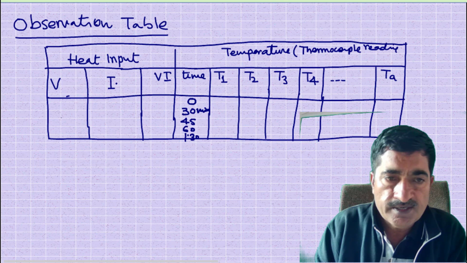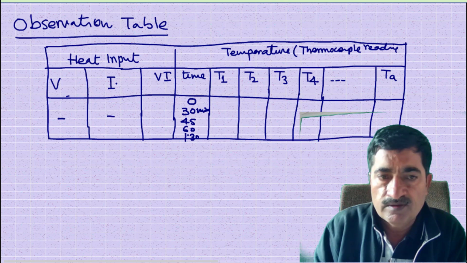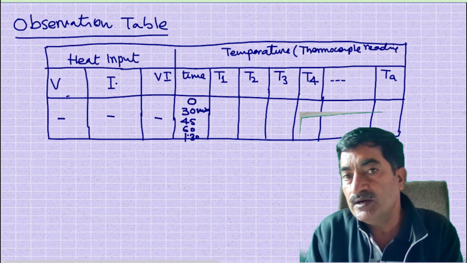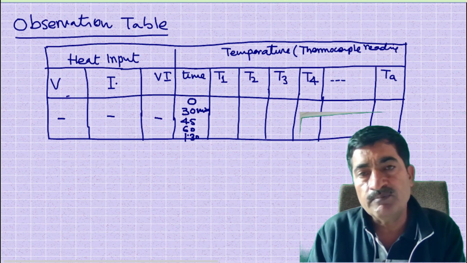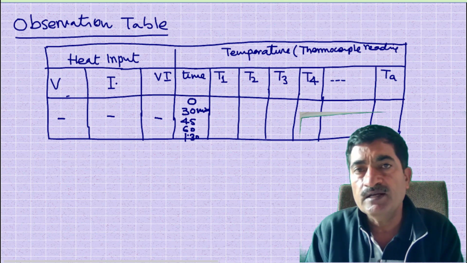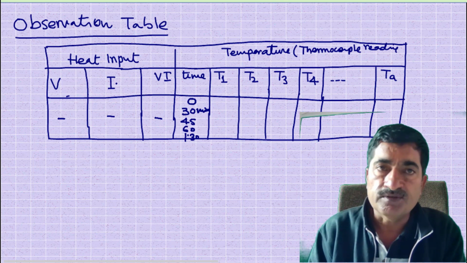This is a single reading. V and I remain constant, but the temperature of the thermocouples will change with time, and the final reading will be at steady state condition.